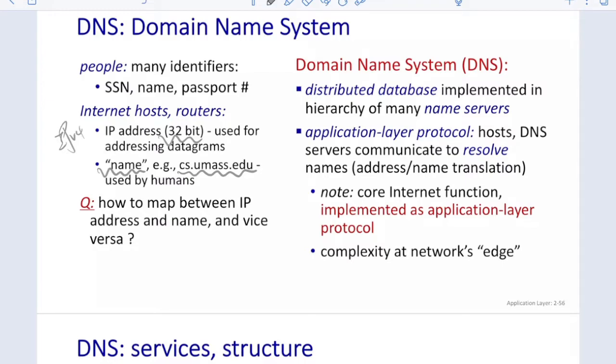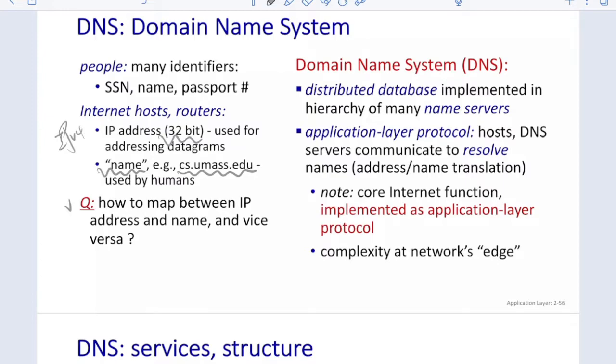But since we have IPs and we have names, we need a service that can help us map between an IP address and its corresponding name and vice versa. That is why we need the domain name system.